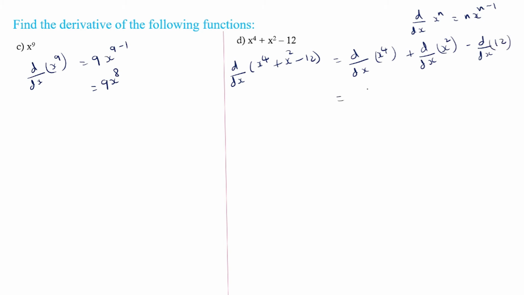Now the derivative of x raised to 4 is 4 into x raised to 4 minus 1, plus the derivative of x square is 2 into x raised to 2 minus 1, minus the derivative of a constant term, which is 0. So this is equal to 4x cubed plus 2x. So this is how we can use the algebra of derivatives and the rules to find the derivatives of various functions.